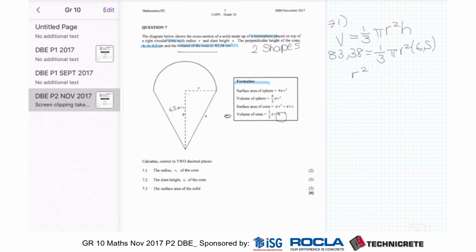So r squared is therefore equal to 3 times 83.38 over pi and my height. Okay, I'm going to keep that exactly as is because I don't want an incorrect answer by rounding off early, and I'm going to root the entire thing on my calculator.